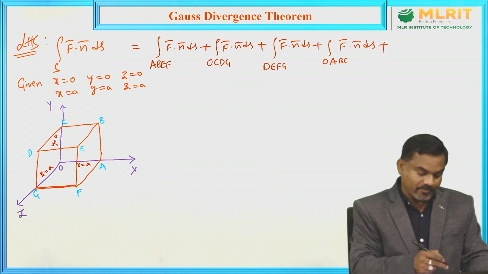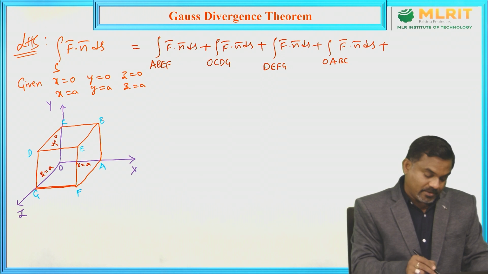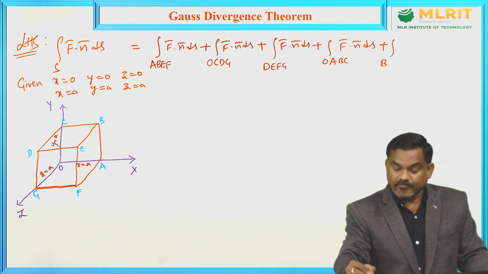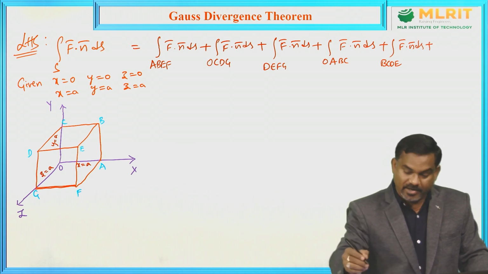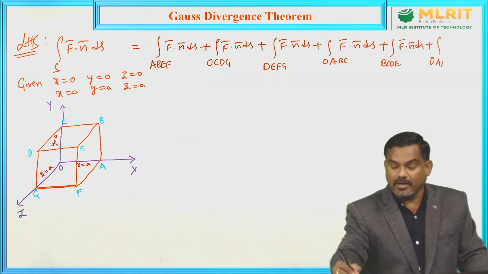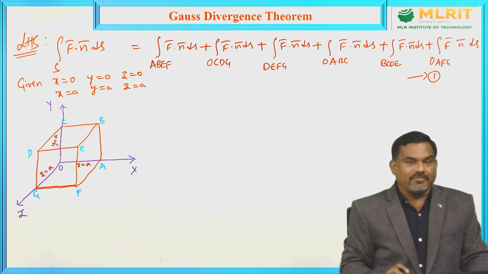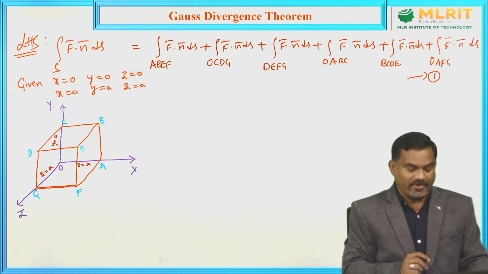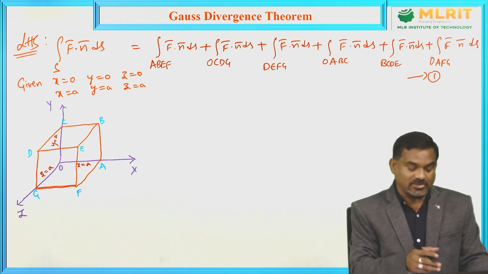Now the top one, which is on the y axis, BCDE, f bar dot n bar ds, and the opposite one, the bottom one, OAFG, f bar dot n bar ds. So to evaluate the surface integral over the given surface, we need to evaluate the double integral over the 6 faces of this cube.